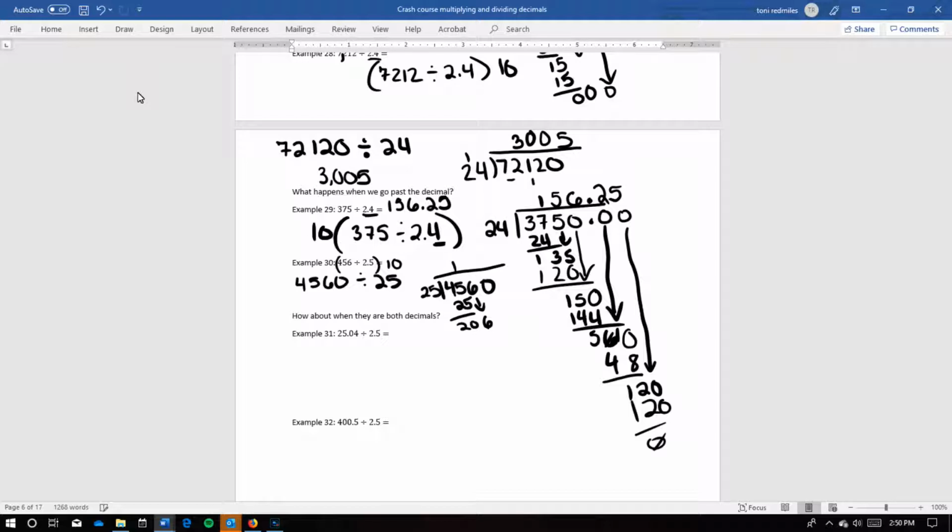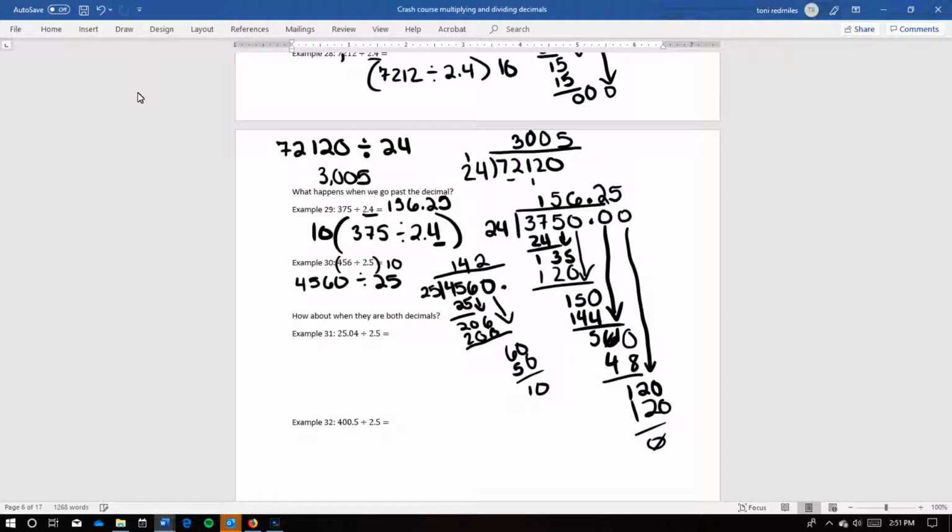Drop down the 6. 25 can go into 206 4 times, because I'm thinking of this like quarters, like $2.06. Well, that's $2. I'm sure you have a system to do 25s. 25s are pretty easy. Alright, 25 can go into 6 two times because 2 quarters make 50 cents.